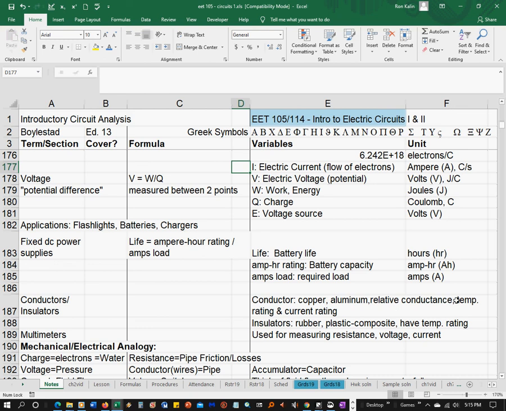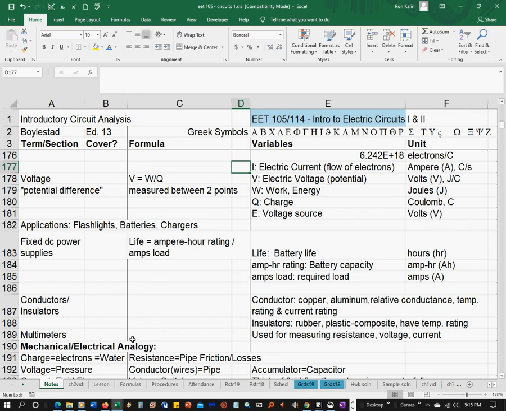The relative conductance is related to which material is being involved in the conductance of the electric, the flow of the current. And insulators, typical examples will be rubber or plastic composite around wires, and they also have a temperature rating like 60 C or 75 C or 90 C.